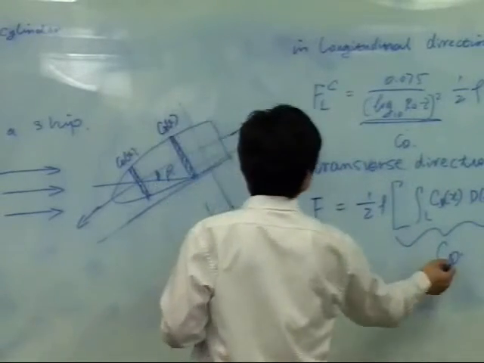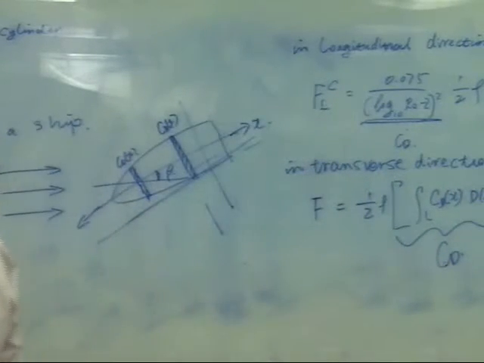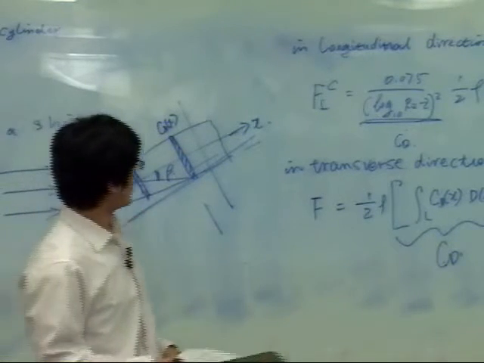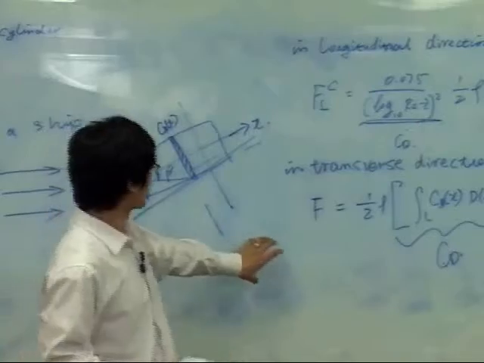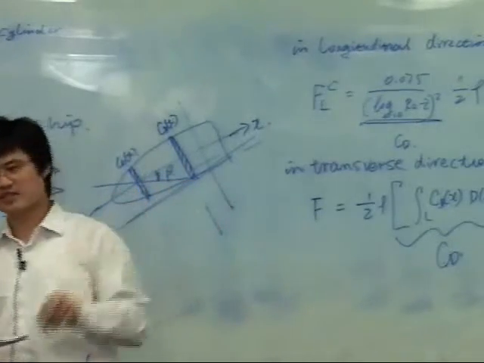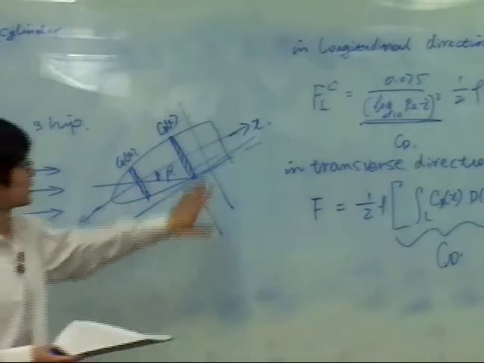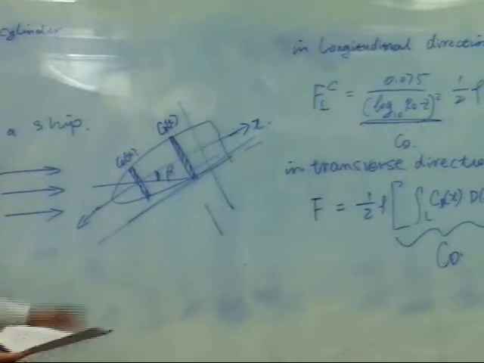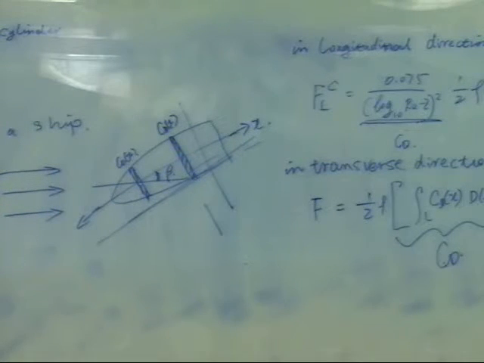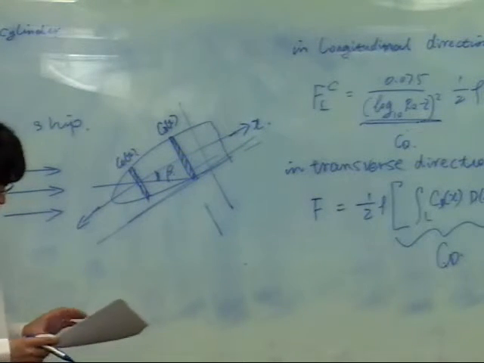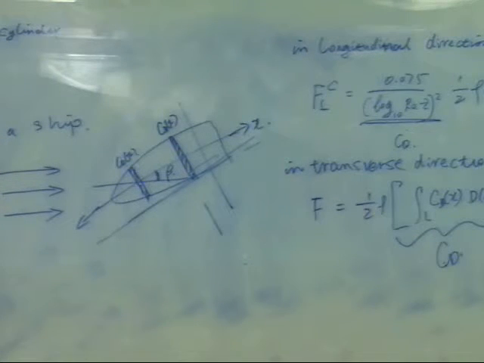So this CD is a function of many factors. What we talked about before was a fully submerged cylinder. Now if we're talking about ships, we have a free surface, right? The presence of the sea surface can indeed affect this drag coefficient.